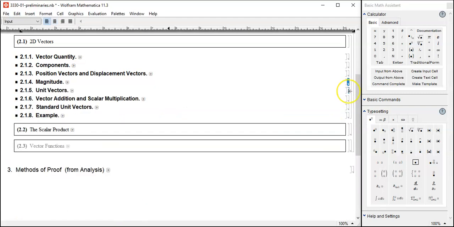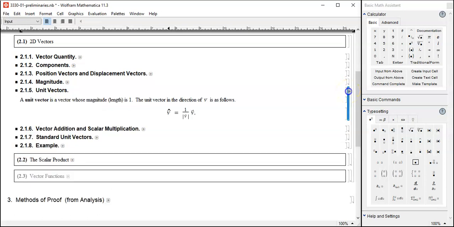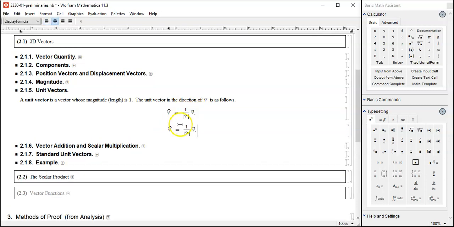Now that we talked about magnitude, we are ready to talk about unit vectors in a certain direction, and we can define it like this. A unit vector means a vector whose magnitude or length is 1, and a unit vector in the direction of v, we define it like this. If we define it like this, what do we have? Let's see, what if I take the absolute value or the magnitude of this?